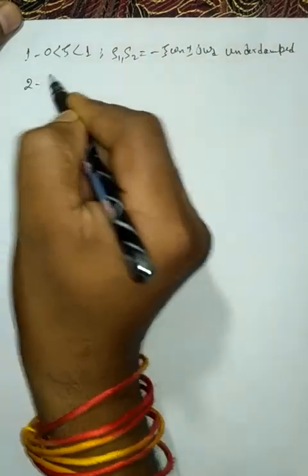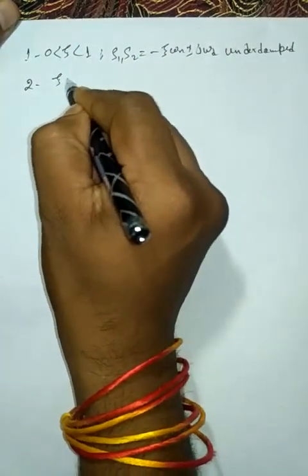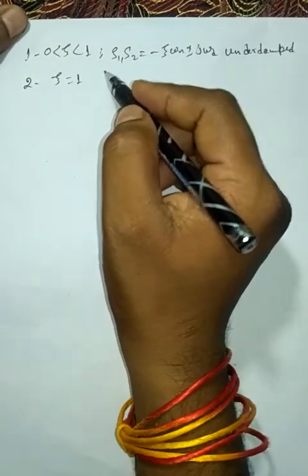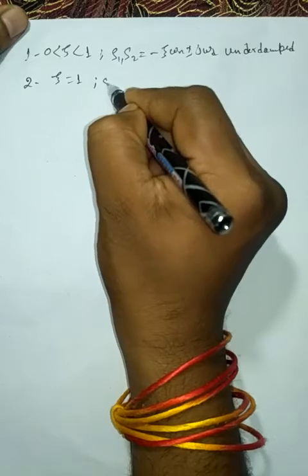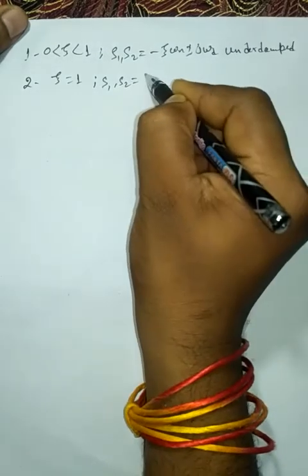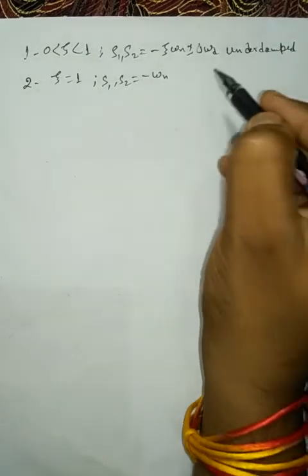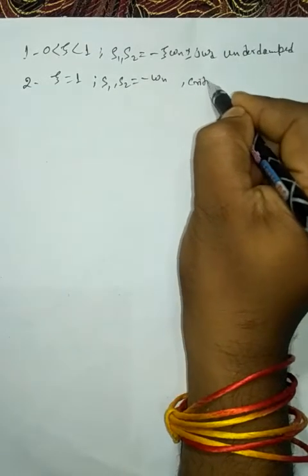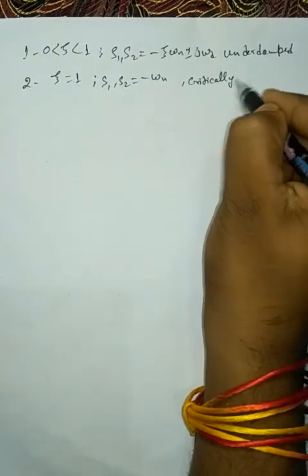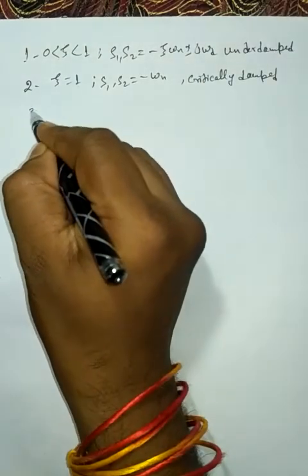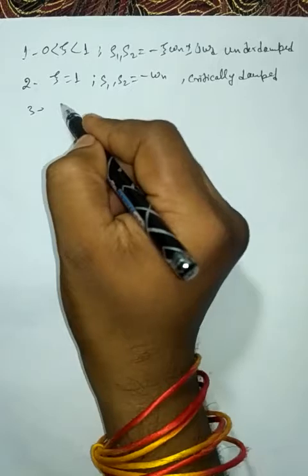Case 2, when zeta is equal to 1, again we have two roots S1, S2, and that are minus omega n when zeta 1. This case is for critically damped response.